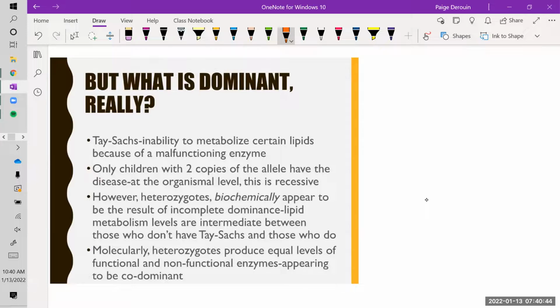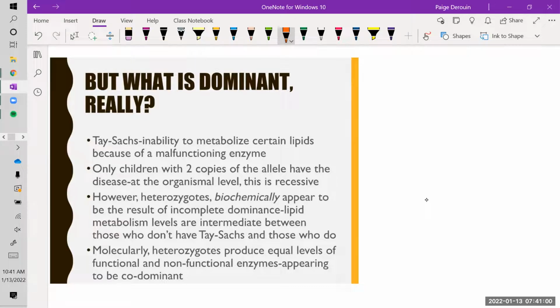So when you look at a whole person, it looks recessive because to have Tay-Sachs, those children have 2 recessive alleles. So they have 2 small letters.